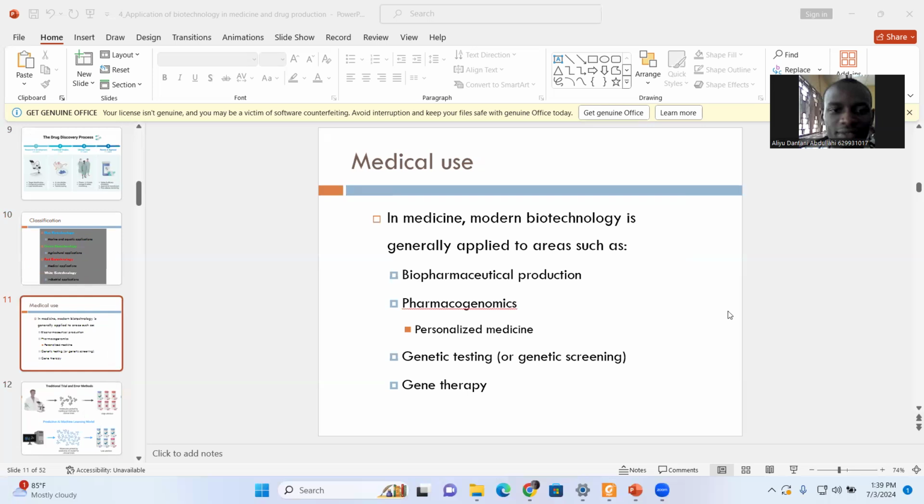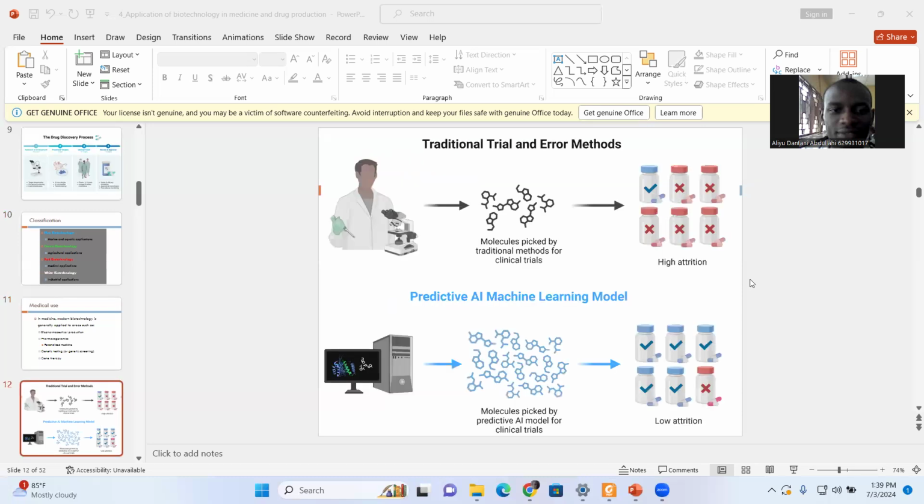In medicine, modern biotechnology is generally applied to areas such as biopharmaceutical production, pharmacogenomics, that's personalized medicine, genetic testing, genetic screening and gene therapy, and predictive AI, artificial intelligence. This is the future of research.